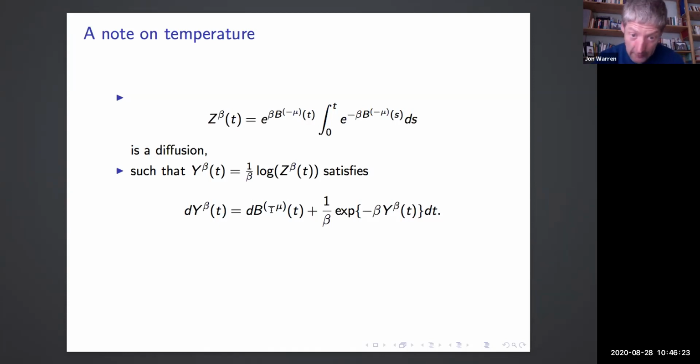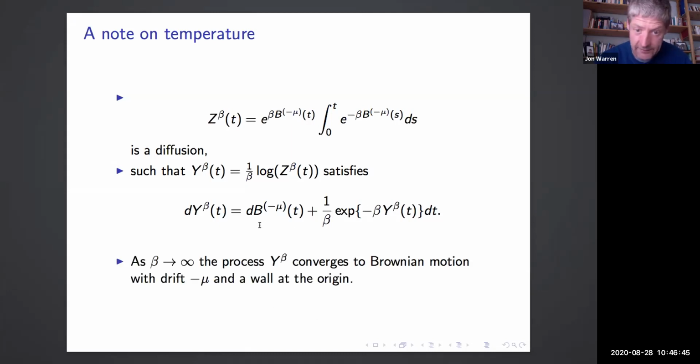Because when you take the log and you do a bit more Ito's formula, what you get is that B is the driving Brownian motion, and then you get a drift term, which is essentially e to the minus y. So you get a drift when you go negative that pushes you back to being positive. And the parameter beta tunes the strength of that drift, and if you send beta to infinity, then this rather obviously converges to a Brownian motion with a wall at the origin that it gets pushed up from, okay?